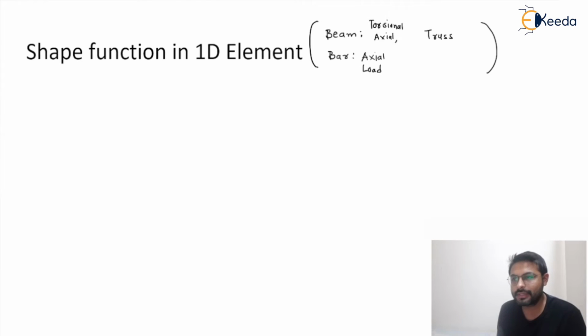So if we are only focusing on axial load, then we can take a bar. If we are focusing on torsional force or axial force or any other bending force, then we have to consider a beam problem. And truss is the combination of various bars, an assembly of bars. So this is the difference between beam, bar, and truss.